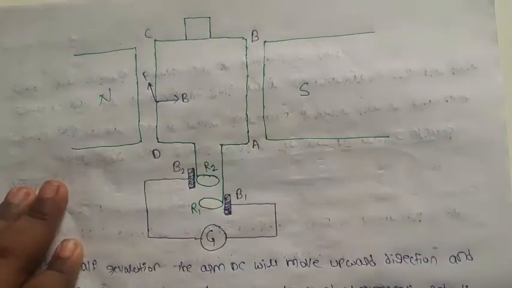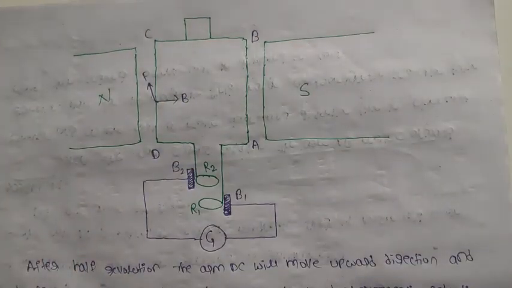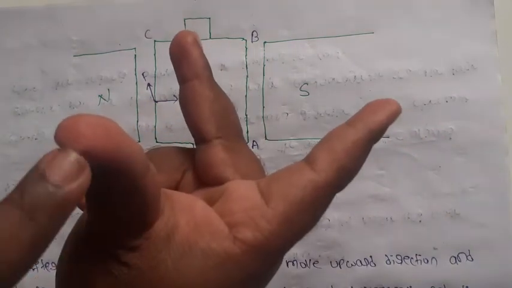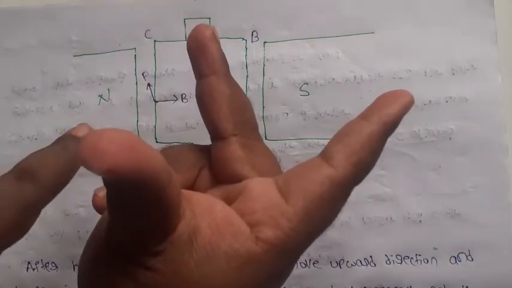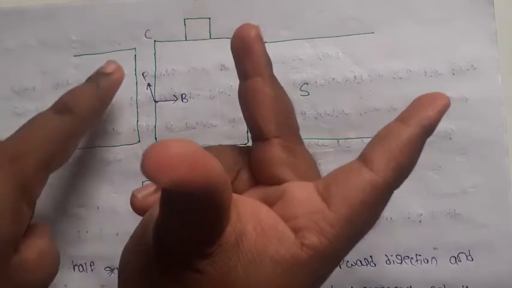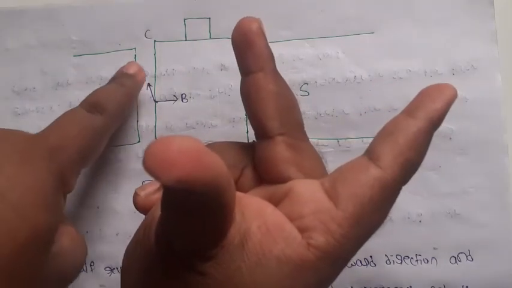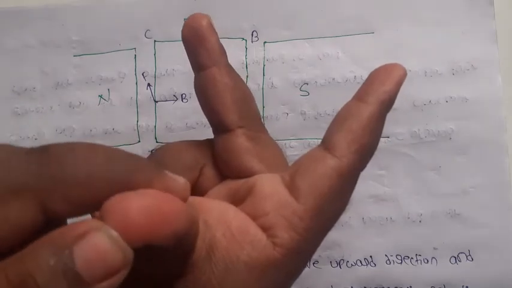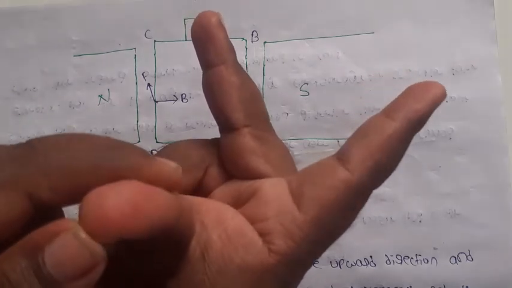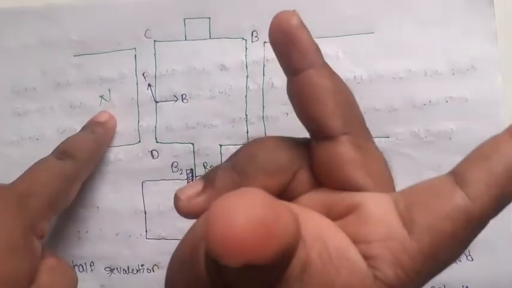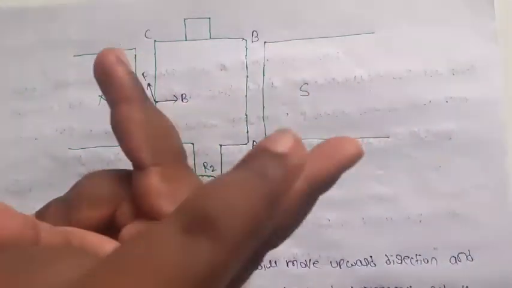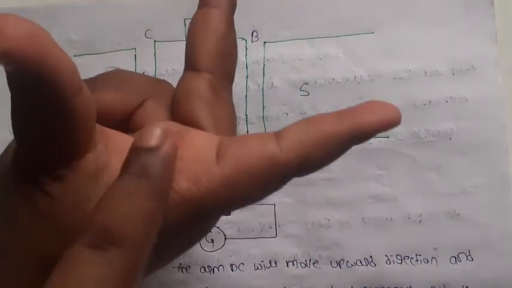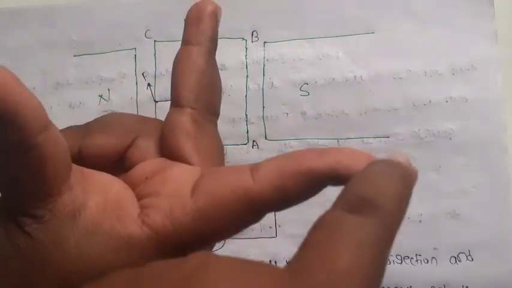This is the magnetic field direction B. So this is my forefinger, aligned in direction of magnetic field. Here motion of conductor is upward direction, so I align the thumb in the direction of motion of conductor, upward direction. Here magnetic field direction is north to south, from left to right.